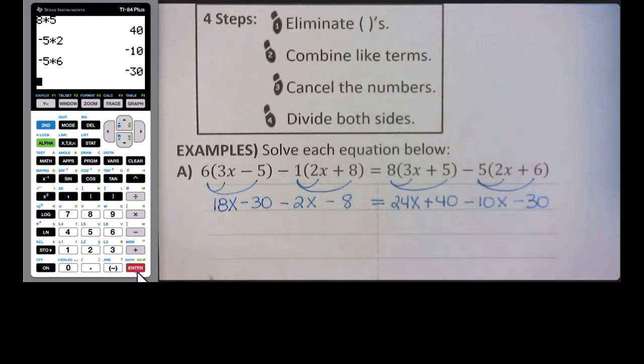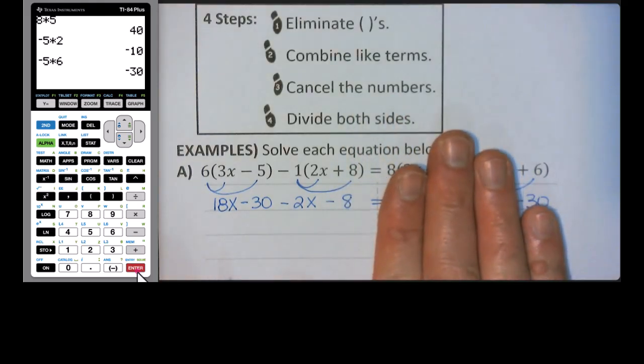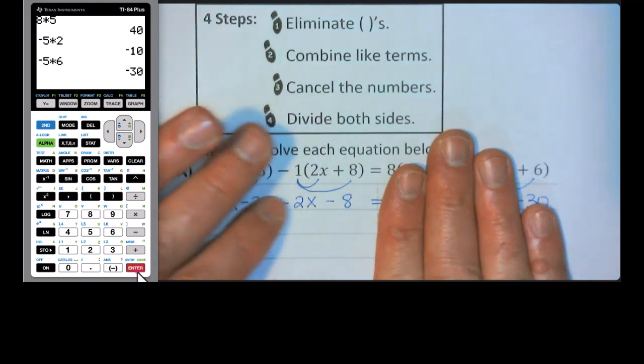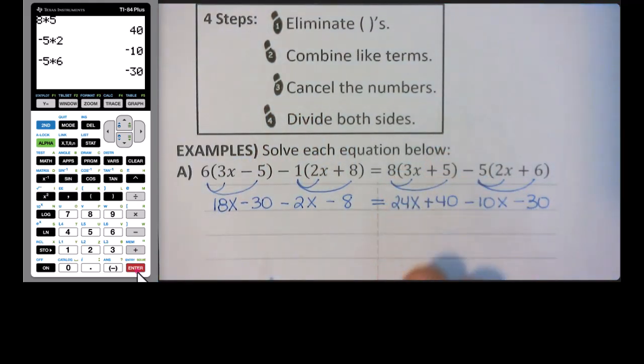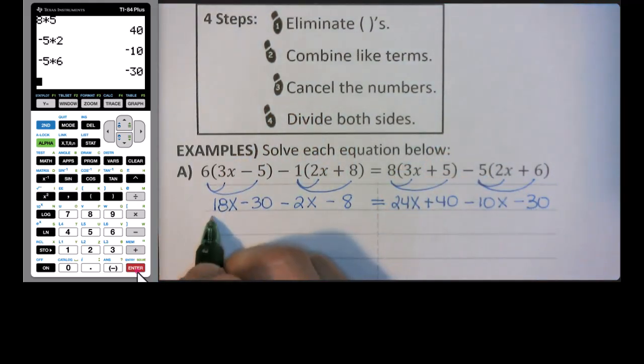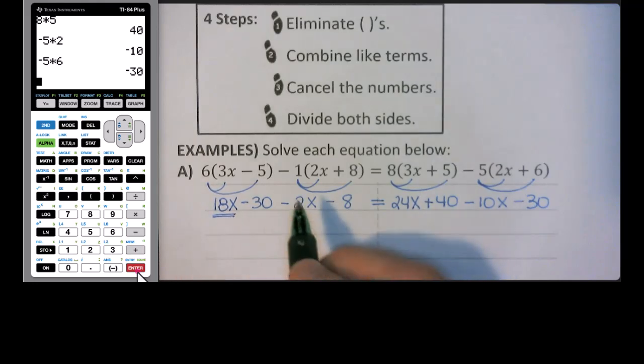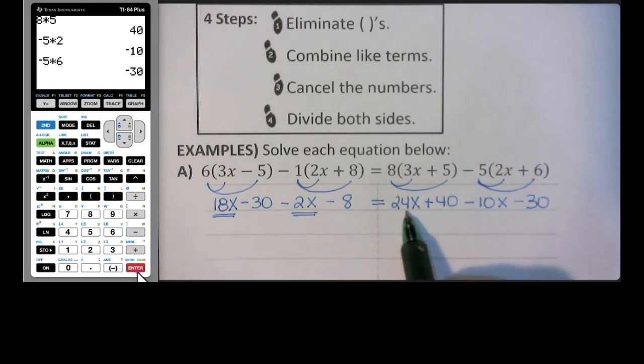When we combine like terms, we take one side at a time. We can only combine if they are on the same side of the equation. So for example, 18x. Who can I combine with 18x? I can combine 2x. Some students might try to combine with 24, but notice that you have the equal sign, the border. You cannot combine if they're on different sides.